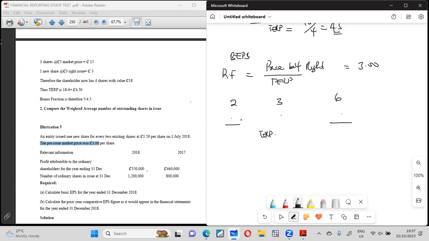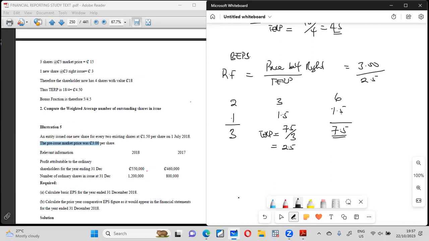And then the new one, we have 1 at 1.5. That gives us 1.5. So this side will be 7.5, and this side will be 3. So our TERP is 7.5 over 3, which is 2.5. So our fraction is 2.5.